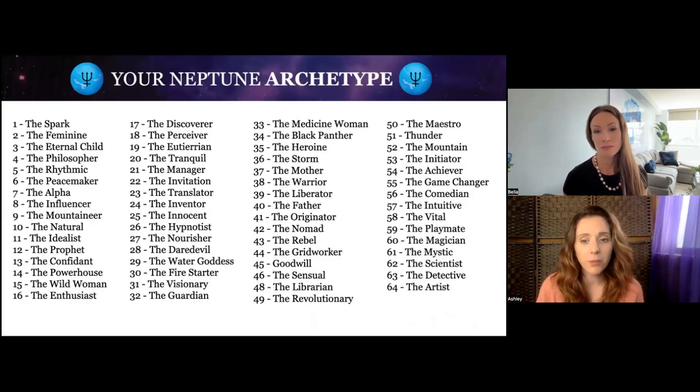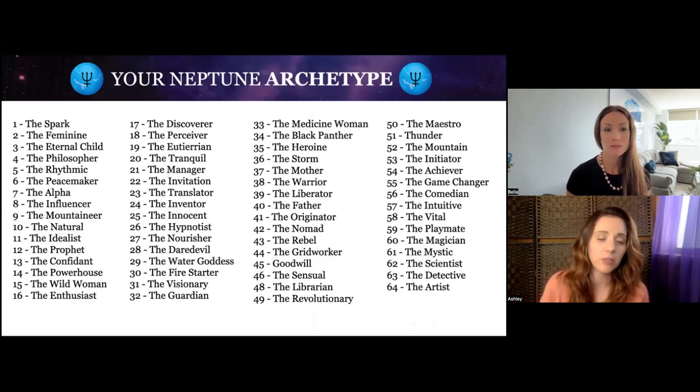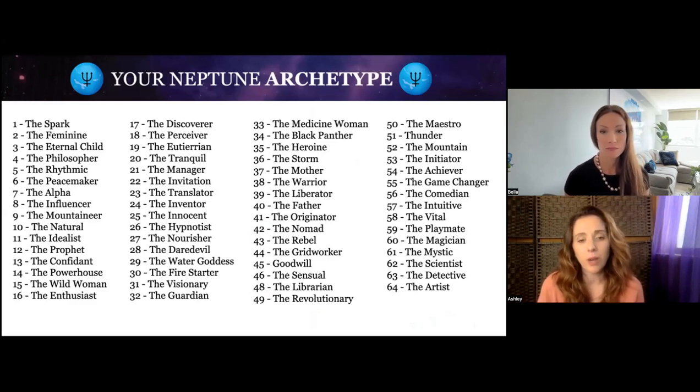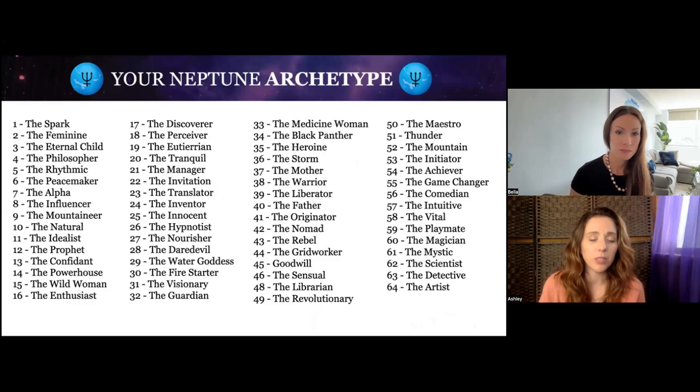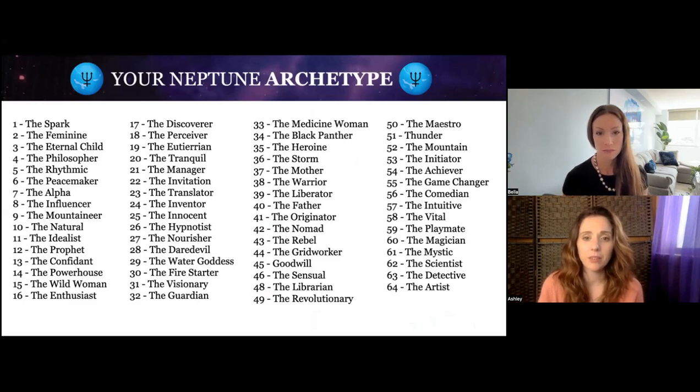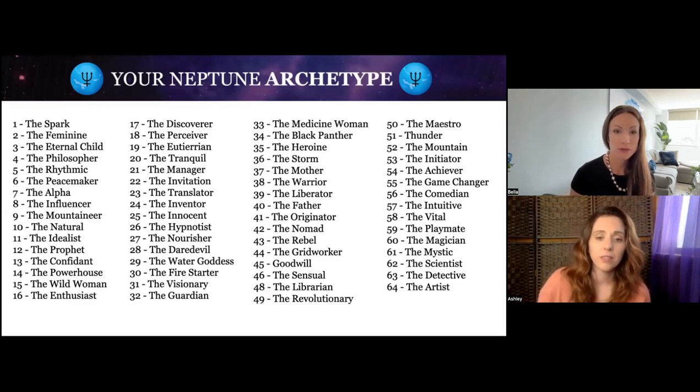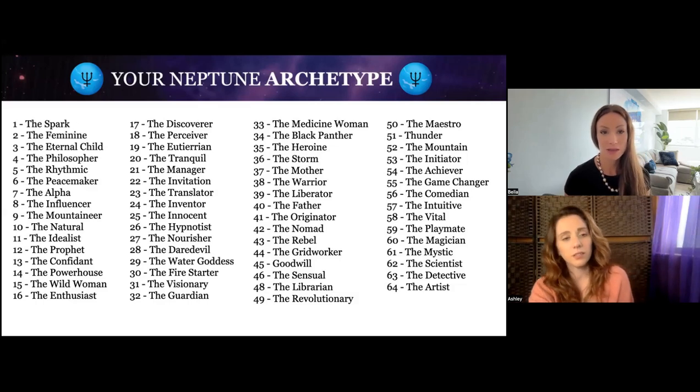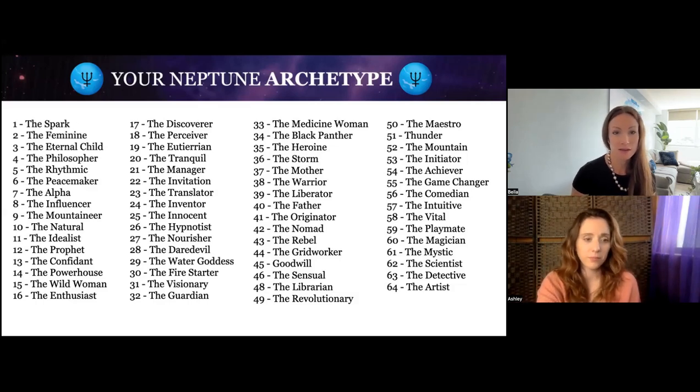And then if you're not familiar with our archetypes and their names and correspondences to the numbers, you can grab your Neptune archetype name here. So you just look at what's the number of the gate that you have Neptune in, and then that number is the archetype. So that's how simple this works.